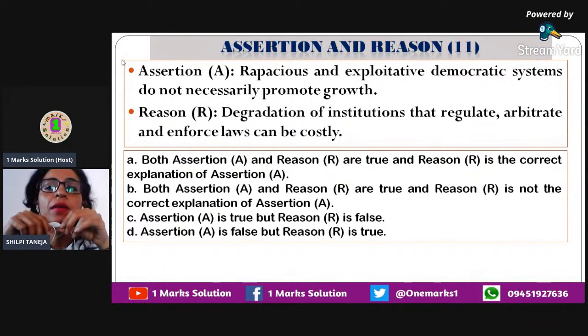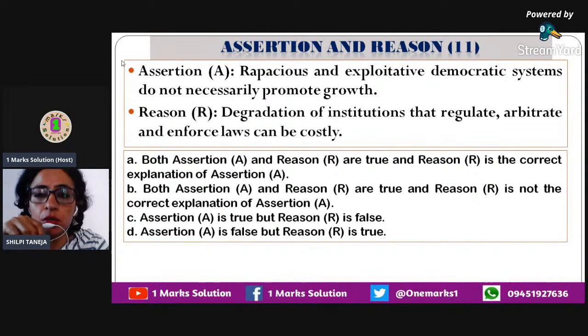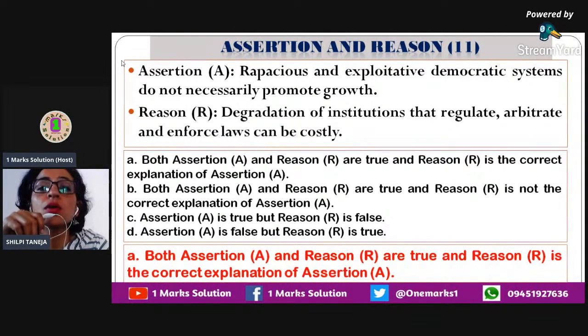So because of that, we have adopted democracy, where the rights were equally given to the people, where the people were allowed to choose their representatives themselves, right? But if that system becomes rapacious and exploitative, that will never lead to growth of the country.